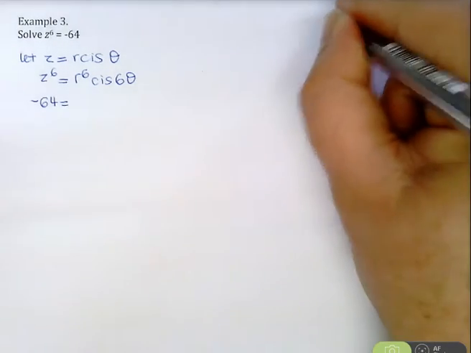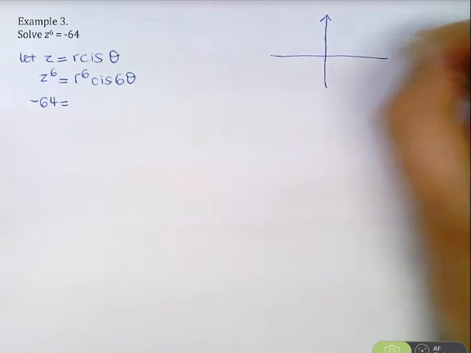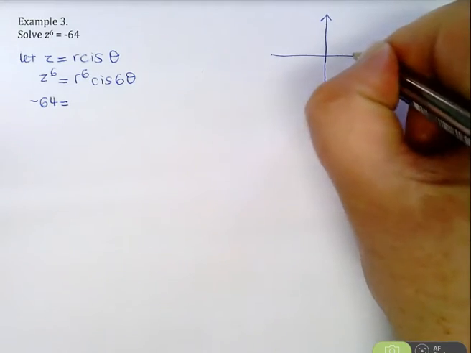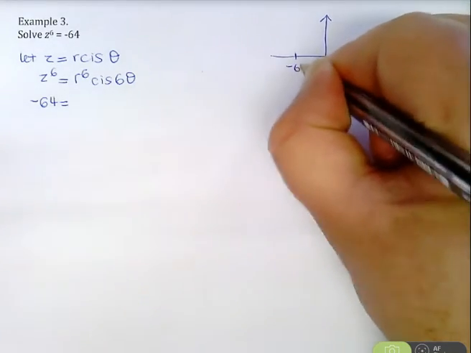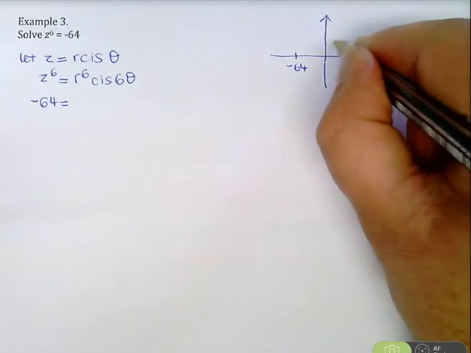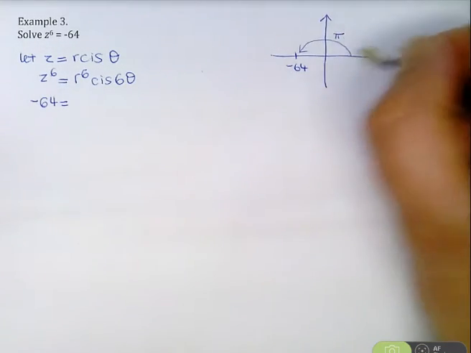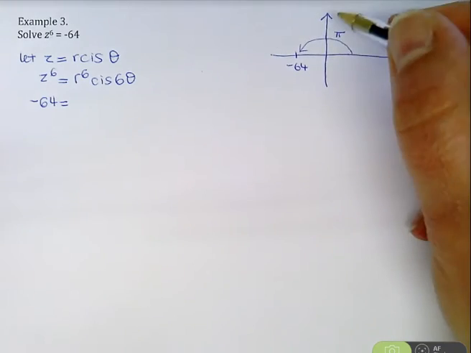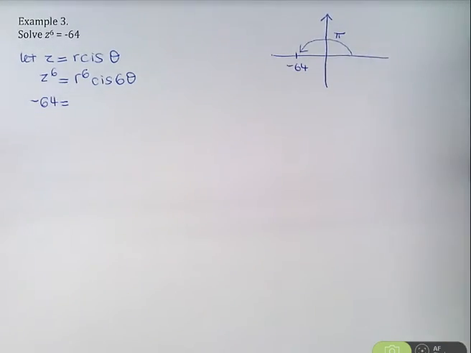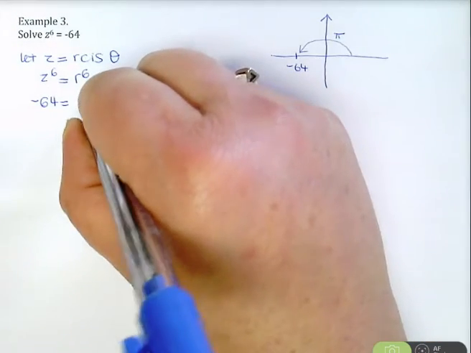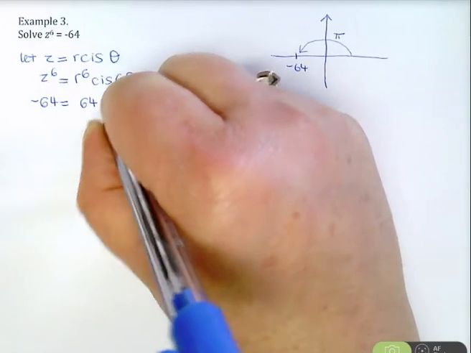Now, to be able to do that, I need to draw a quick sketch of where negative 64 would be, and negative 64 on a number line would be there. And just having a look here, the argument of negative 64 is pi, okay? So negative 64 is 64 cis pi.